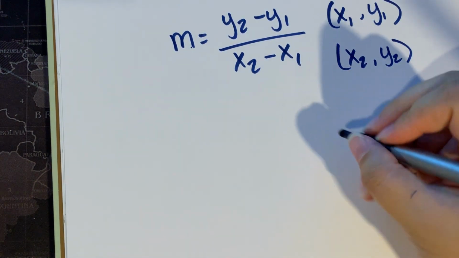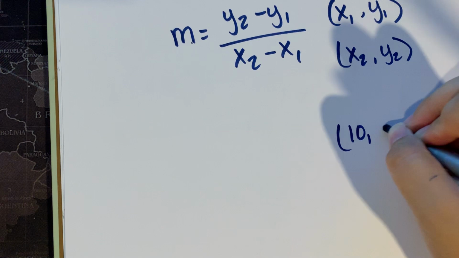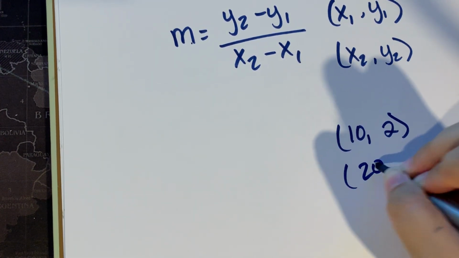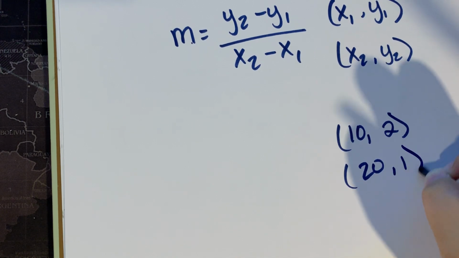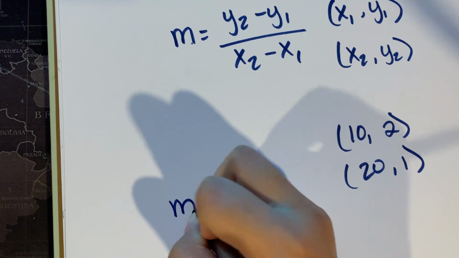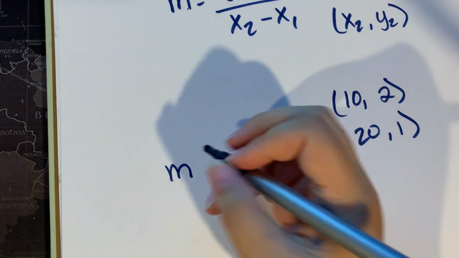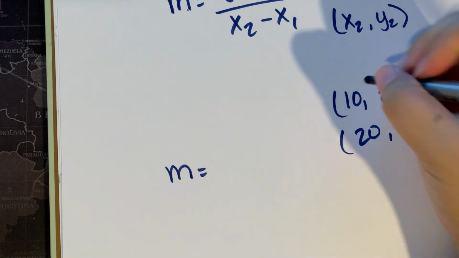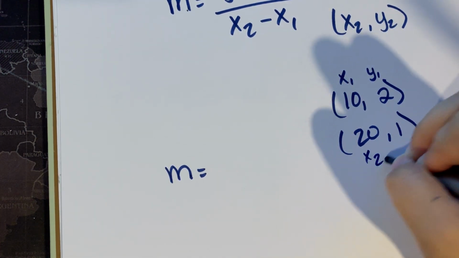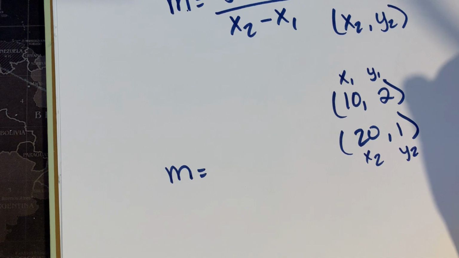So let's say I gave you 10, 2, and 20, 1. I'm going to find my slope. So my m is going to be equal to, remember, it's easier if you label it, x1, y1, x2, y2.